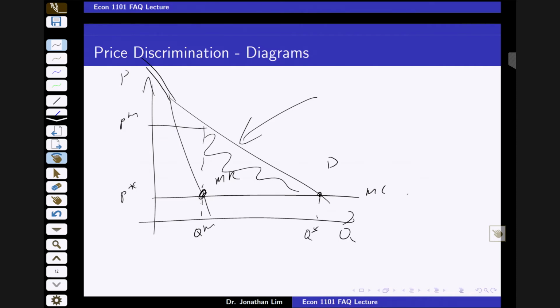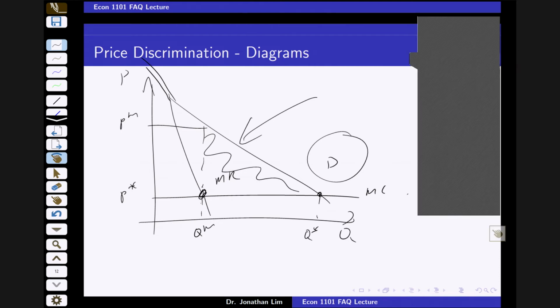So you can bust up this demand curve into three or four different parts. And how do you maximize profits? Well, same rule that you've always been applying: you produce up to the point where marginal revenue equals marginal cost.